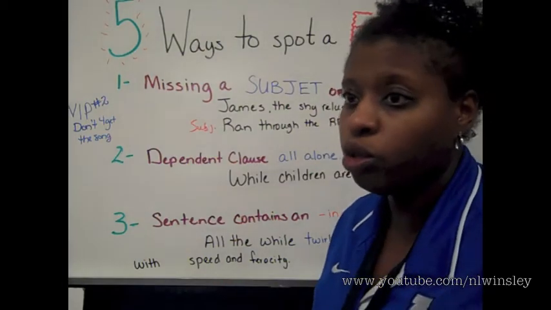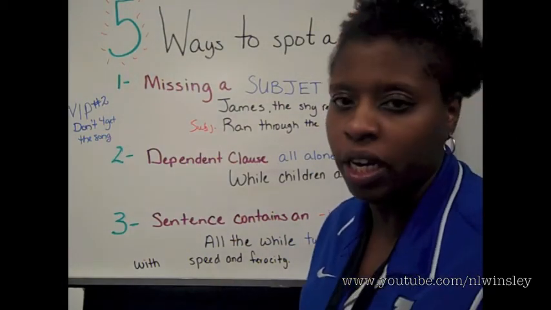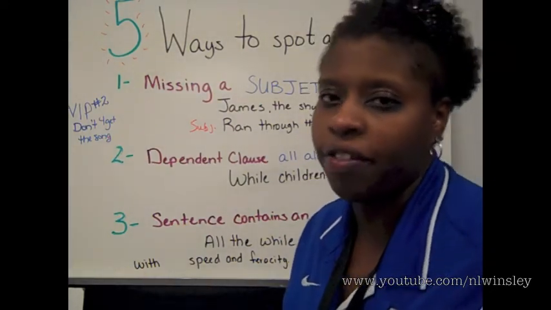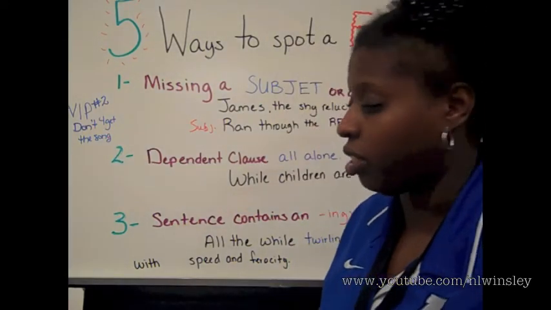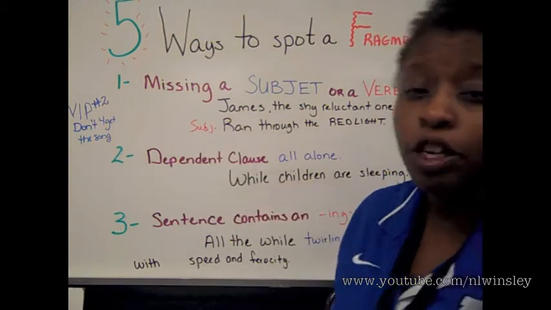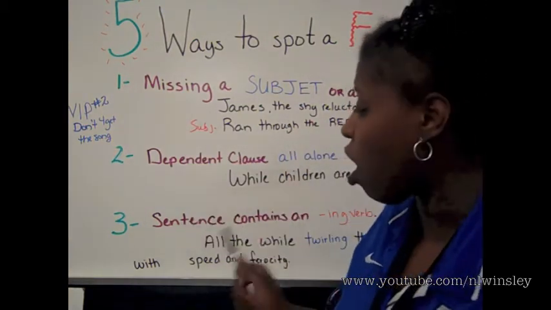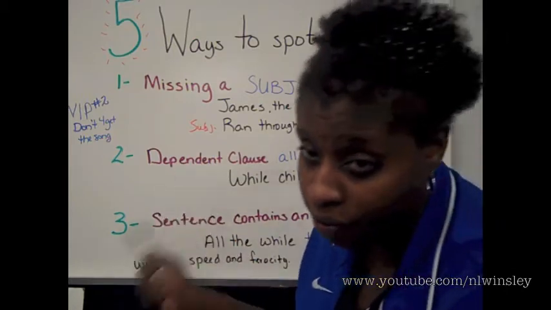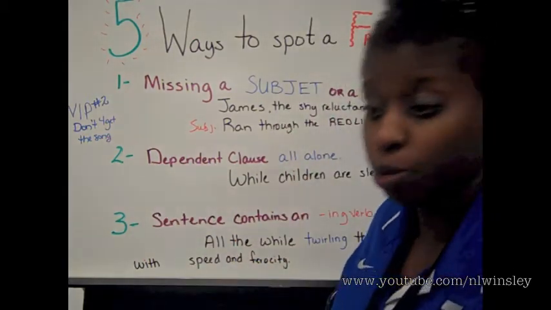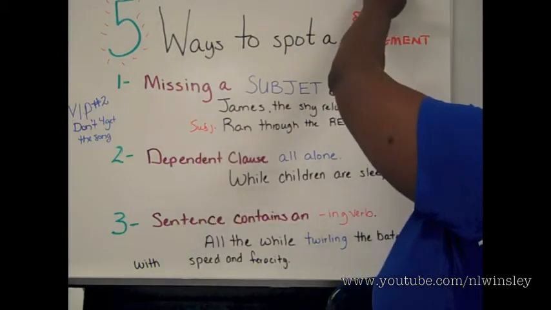Well, who's twirling the baton with speed and ferocity? Or why are they twirling the baton with speed and ferocity? So, first 3 ways: missing a subject or a verb, a dependent clause, a sentence with an ing verb. Those are the first 3 ways that you can spot a fragment.